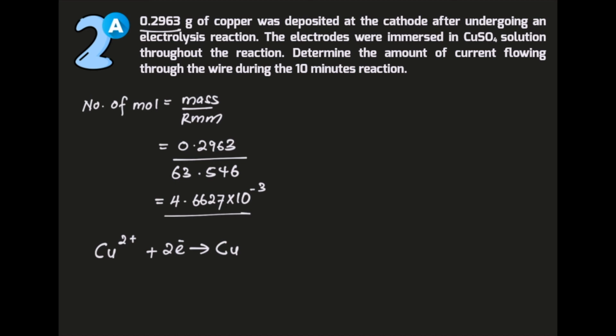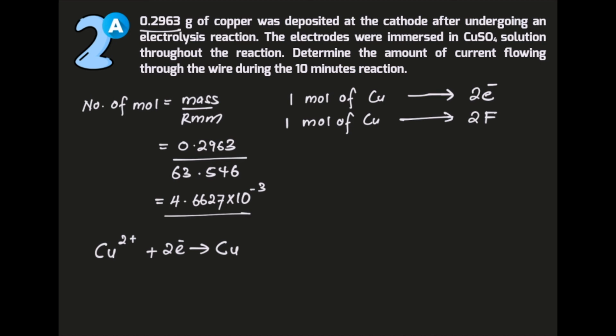From here, we can predict what really happens at the cathode. It means that to produce 1 mole of copper, you need 2 electrons. We can also write it this way: 1 mole of copper needs 2 Faraday.